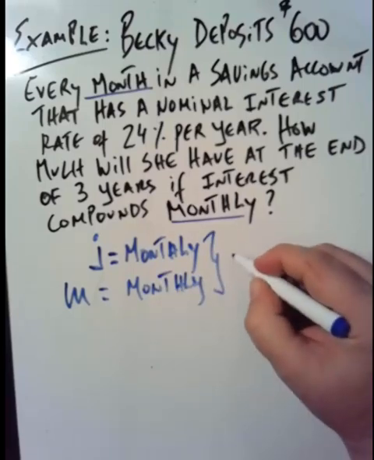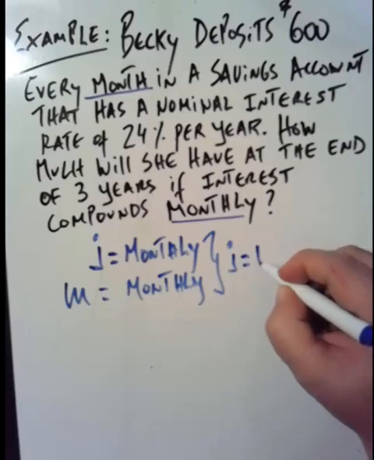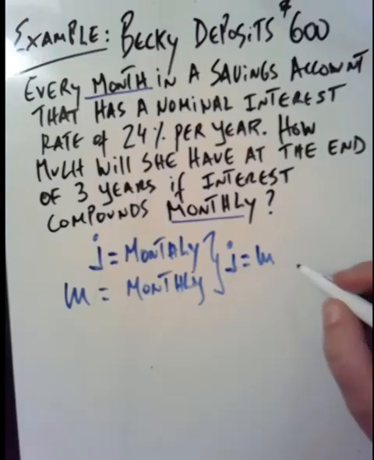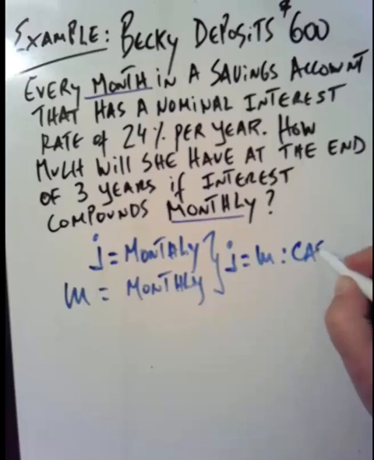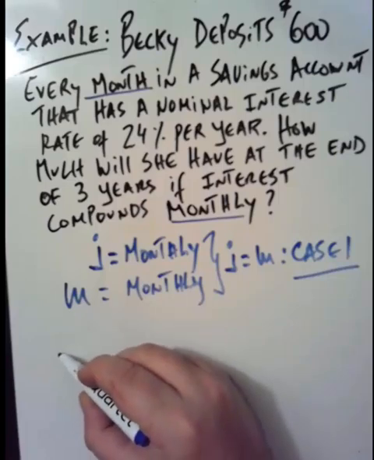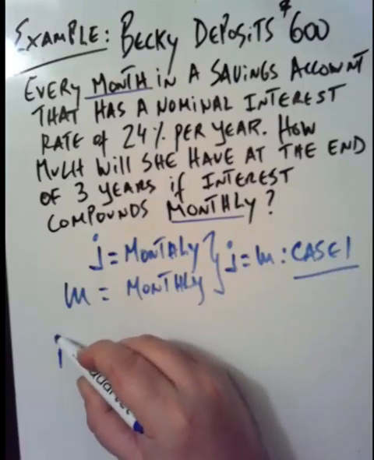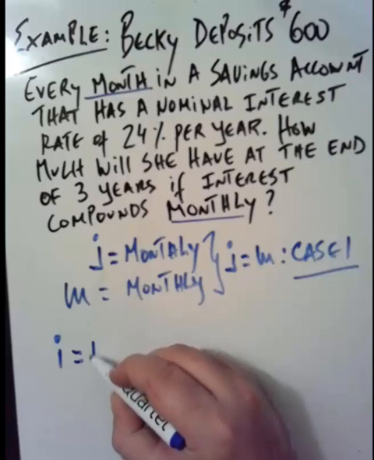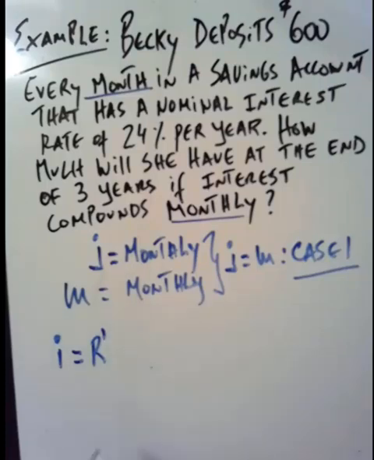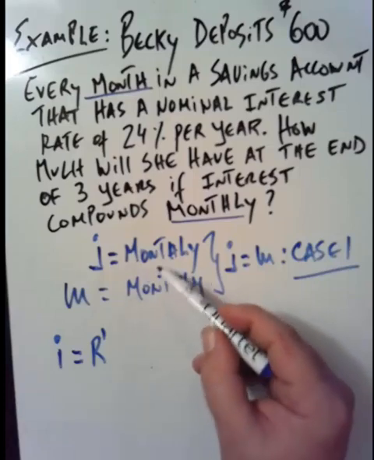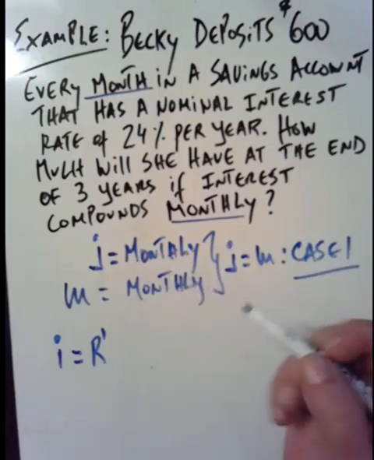So from here we conclude that J is equal to M, and therefore we're talking about a case 1 scenario. In a case 1 scenario, the effective interest rate is merely equal to the nominal interest rate per compounding period or per payment period, because they are the same.